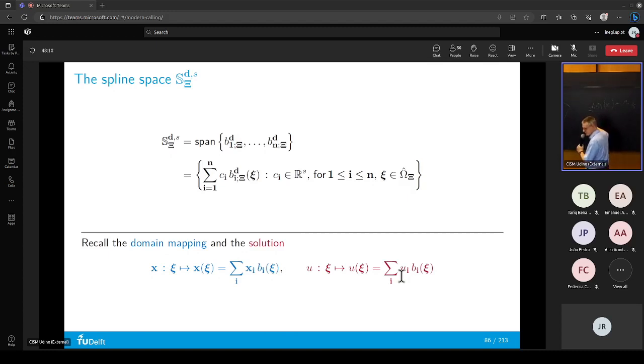So do you still see this? It's like this control polygon. And this would be the solution. So this would be a u_i, whereas maybe the point here would be the solution value somewhere.